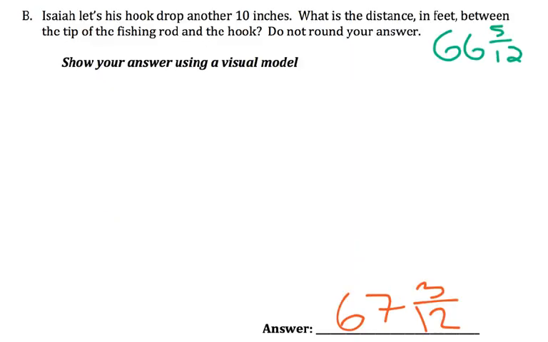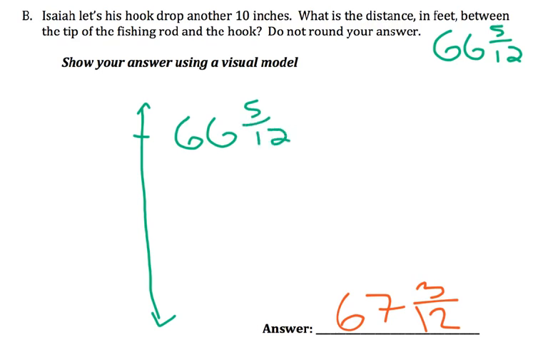So you can try to draw a number line. And you have 66 and 5/12 from the last problem. So the problem says that it drops another 10 inches. So if you notice, there's 12 inches in 1 foot, but there's 10 inches, so it's going to be 10/12.